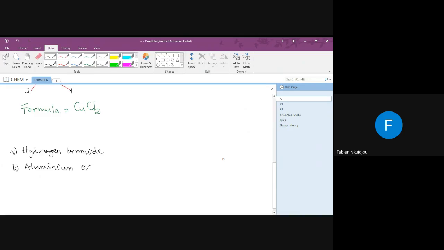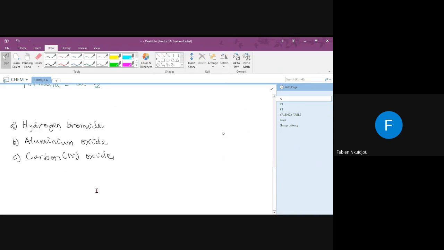The third, carbon 4 oxide. And the very last example, potassium nitride.